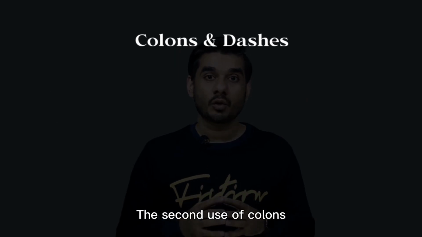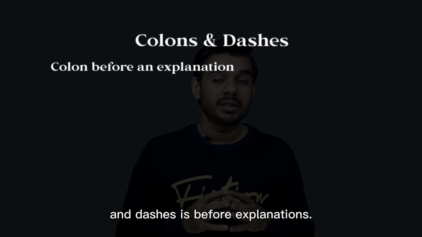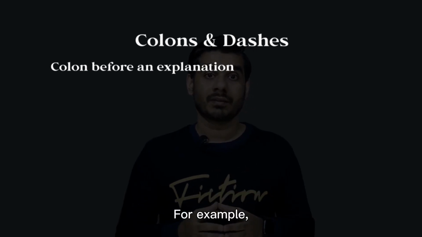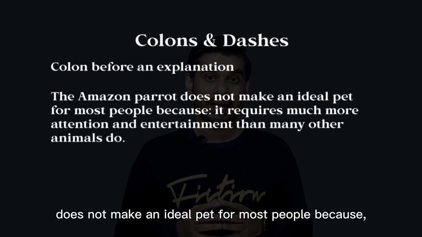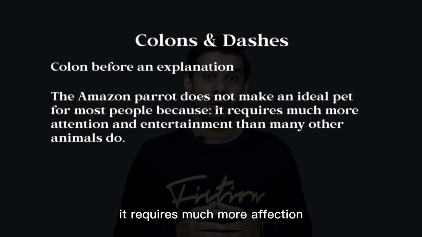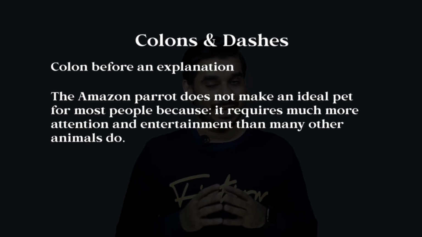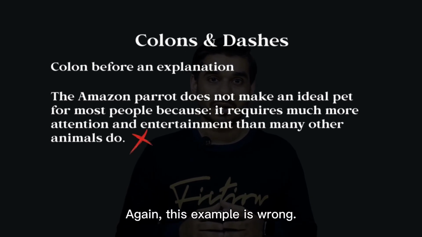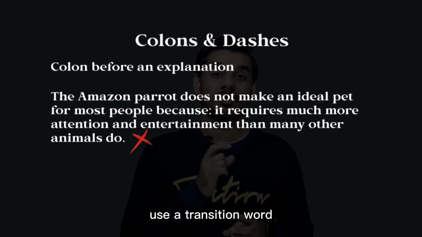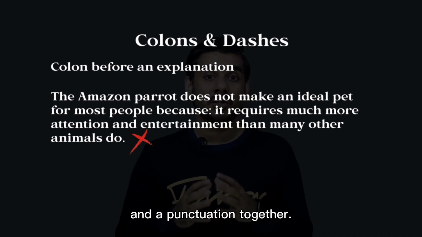The second use of colons and dashes is before explanations. For example, the Amazon parrot does not make an ideal pet for most people because: it requires much more affection and attention than many other animals do. Again, this example is wrong because you cannot use a transition word and a punctuation together.